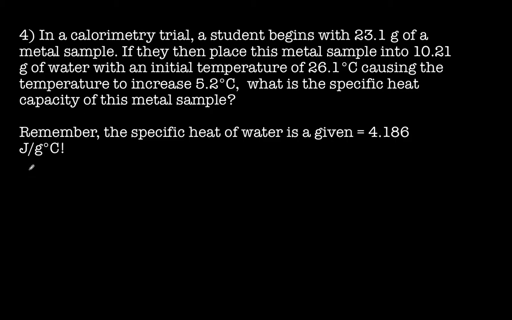So if I have my problem, the Q's actually equal each other because the amount of energy transfer is the exact same. So all you have is a negative mass of metal times the specific heat capacity of metal times change in temperature of metal is equal to the mass of water times the specific heat capacity of water times the change in temperature of water.